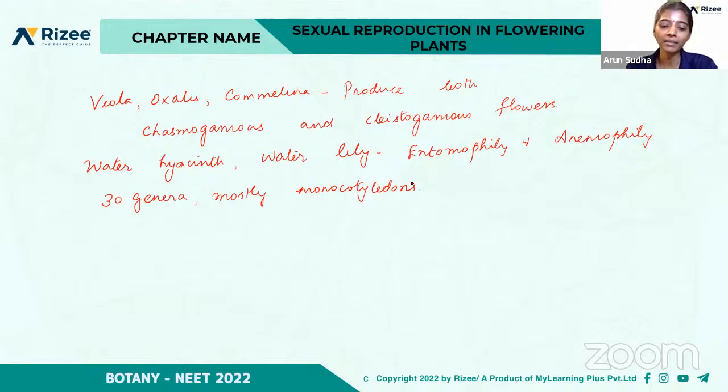Option C, the flowers pollinated by flies and beetles secrete foul odors to attract these animals. Option D, pollen grains are generally non-sticky. So which is not the feature is option D, because the first three are the features of insect pollinated flowers. Insect pollinated flowers usually have sticky pollen grains, but here it is given as non-sticky. So D is the right option.